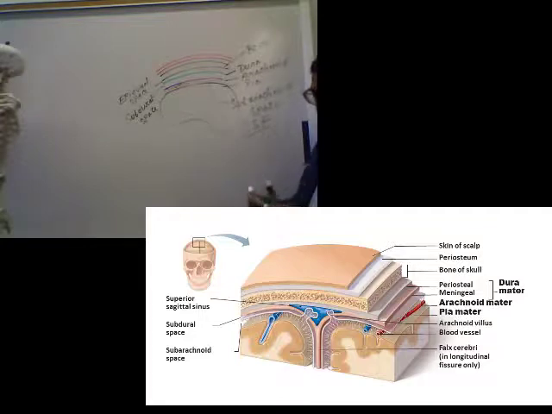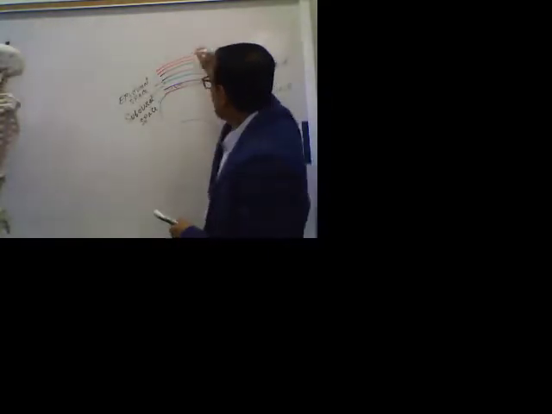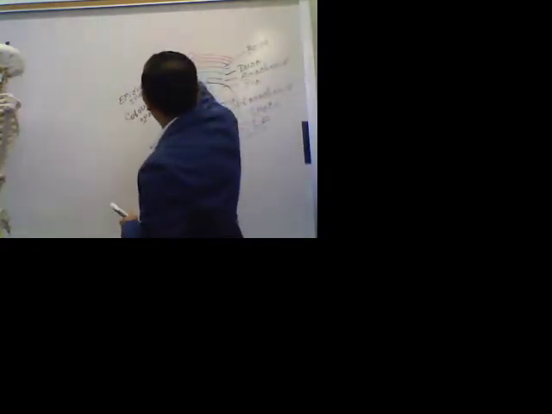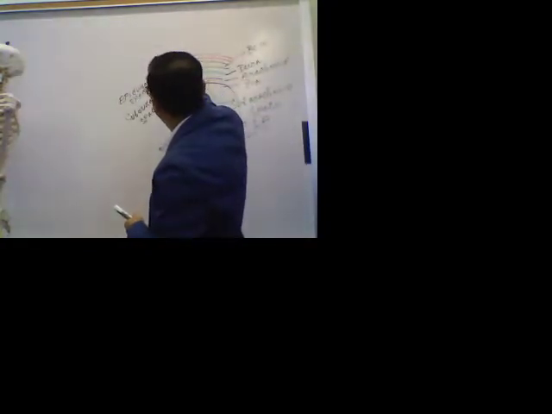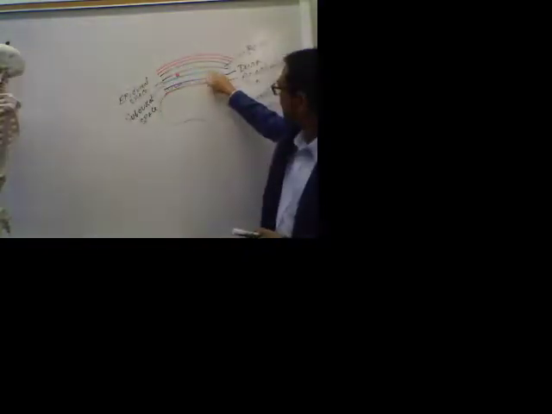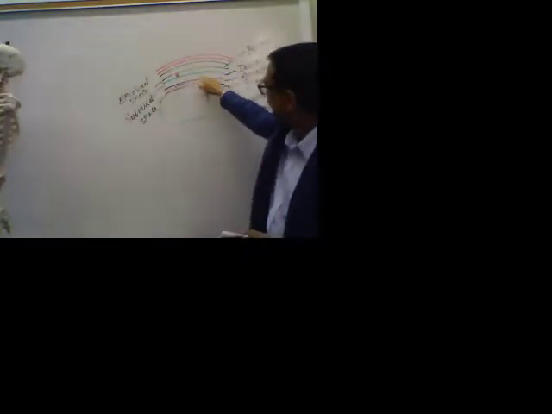Now, sometimes what can happen is, if something hits from outside, a blood vessel in the epidural space can be ruptured. You have blood vessels here. If that happens, blood can accumulate there. So this is the dura mater, the green one.